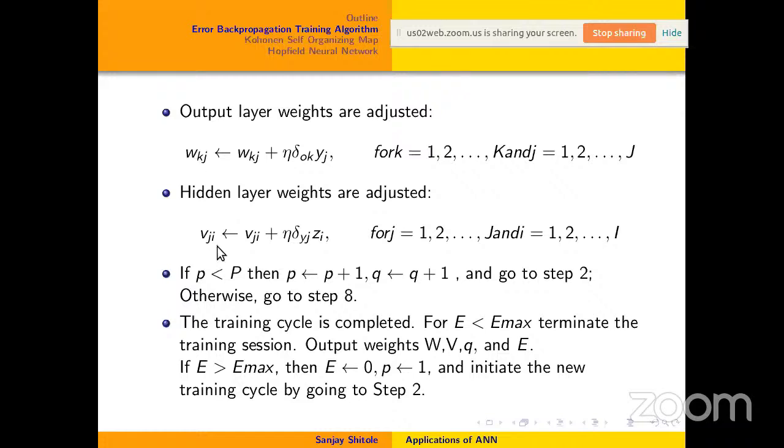Then another mathematical notation calculates the updated weights for the previous layer. That means we calculate from the output side to the input side. First we calculate the updated weights at the output side, W, then we go for the input. So V equals the old weight plus eta, a constant, times the delta value we already got, times Z, the input. Using these two mathematical models, you get updated weights for both layers.